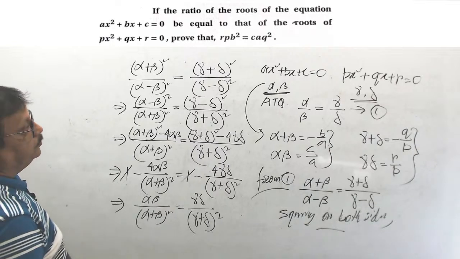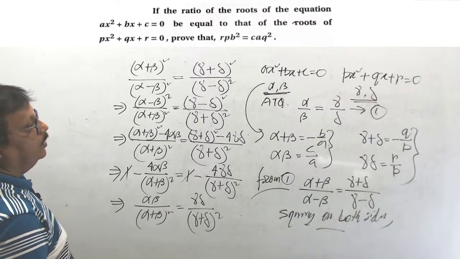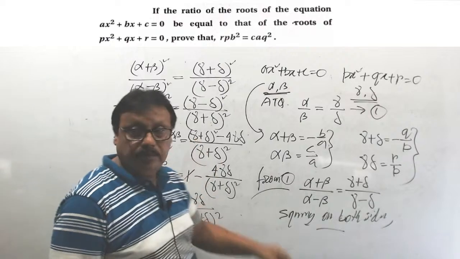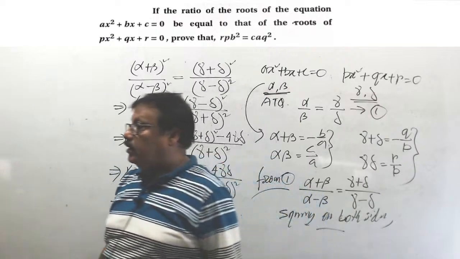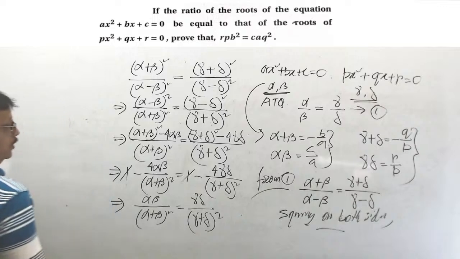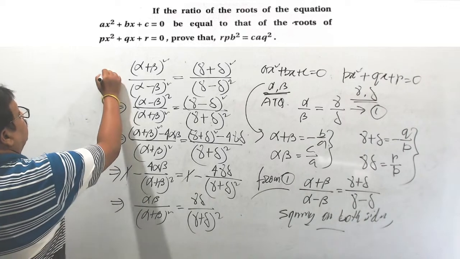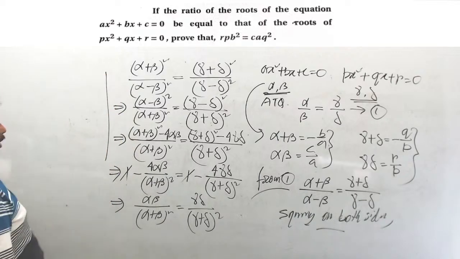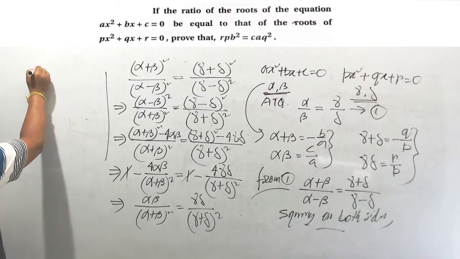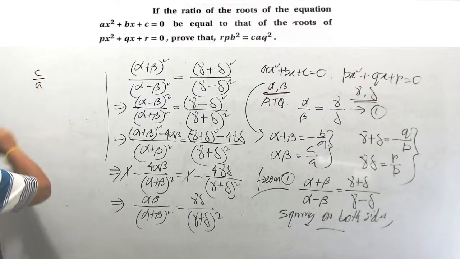I am doing the left side here. What is the value of alpha beta? Alpha beta is c by a. Can you see?